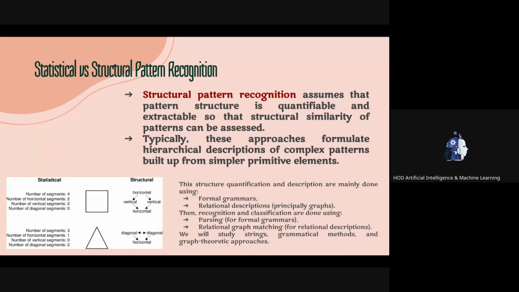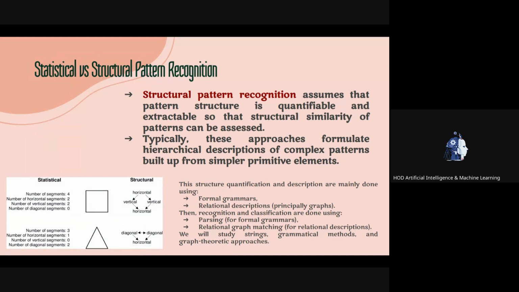Okay? Fine. So is the case of the triangle. Number of segments, 3: you have 1, 2, 3 segments. The number of horizontal segments is 1. The number of vertical segments, you don't have any. But you have 2 diagonal segments.